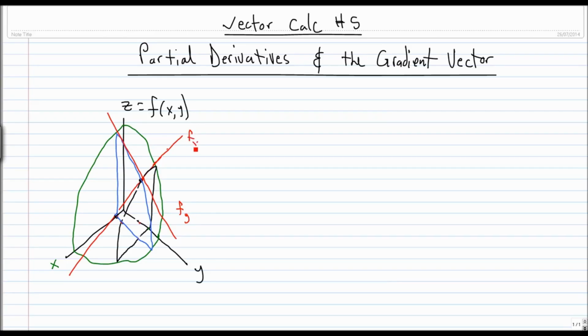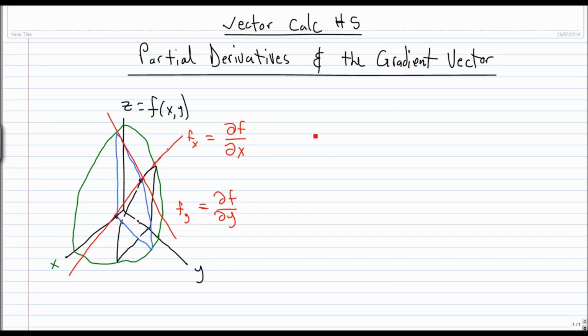So this has the slope f sub x, which is the partial derivative of f with respect to x. This has the partial derivative of f with respect to y, like that. Okay, so I know that was a rough little explanation, but it's pretty straightforward.